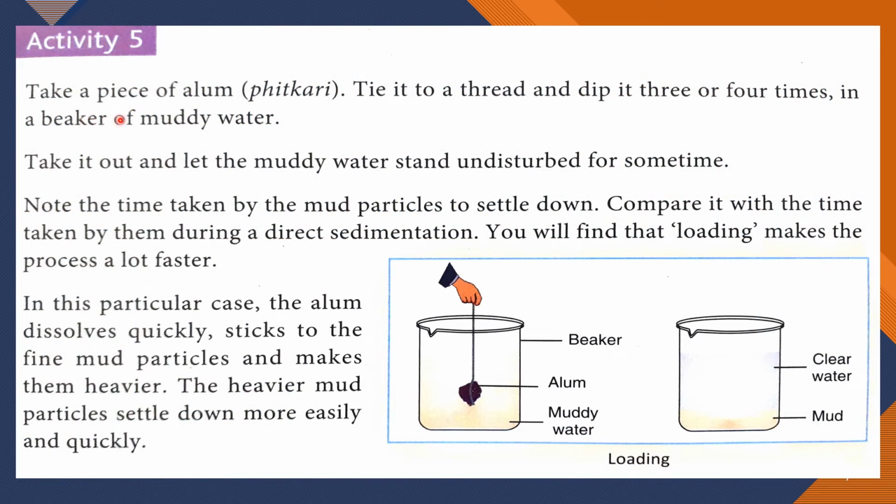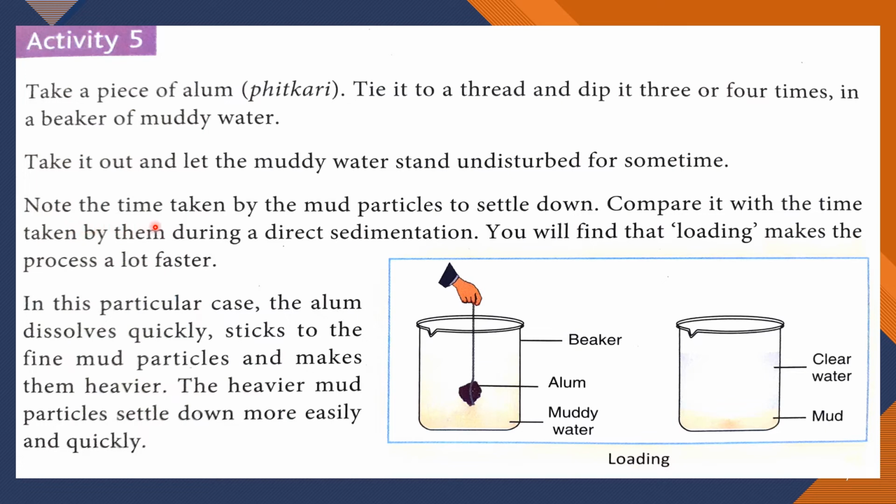Students, take a piece of alum, tie it to a thread and dip it 3 or 4 times in a beaker of muddy water. Take it out and let the muddy water stand undisturbed for some time.